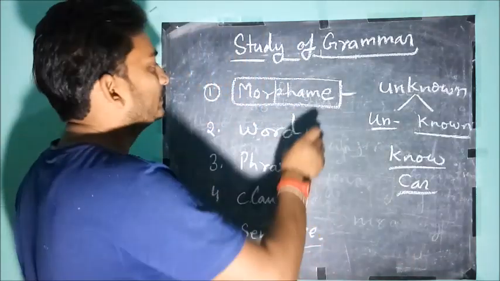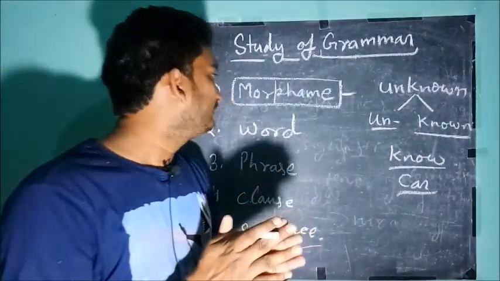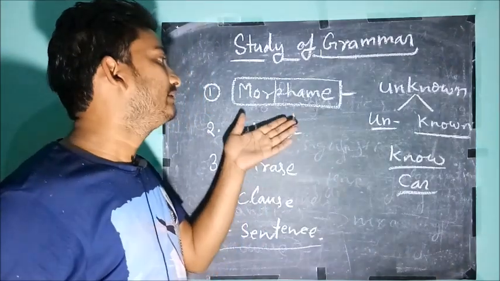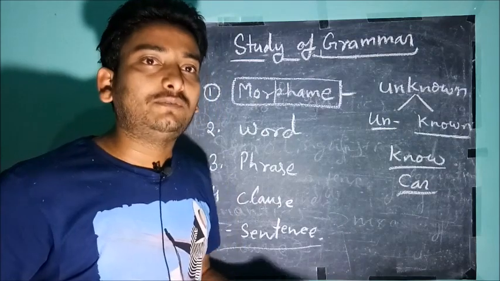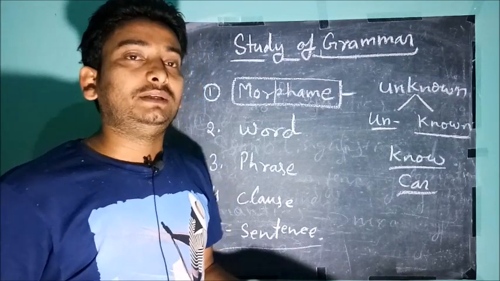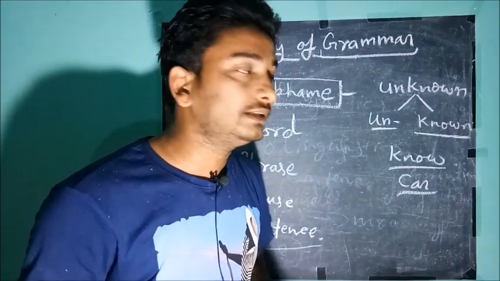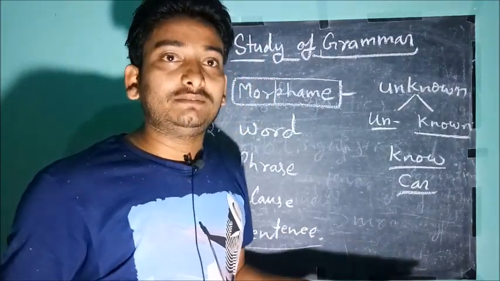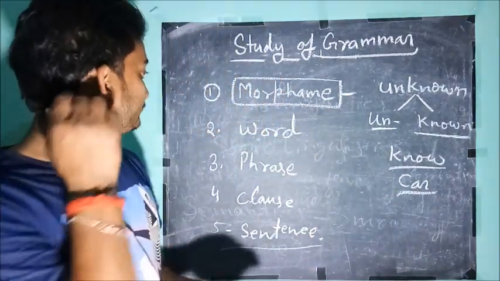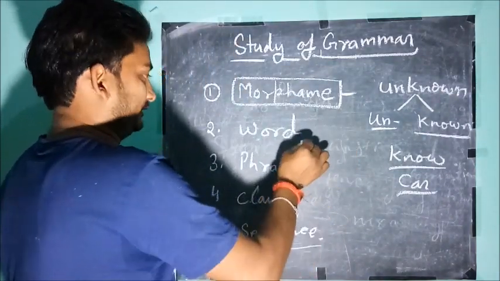So I hope you have understood morpheme and word both. If we define it, then morpheme is the smallest meaningful unit of language that cannot be divided further into parts that are meaningful, that is, it cannot be divided into pieces without destroying its meaning. Guys, next thing is word.